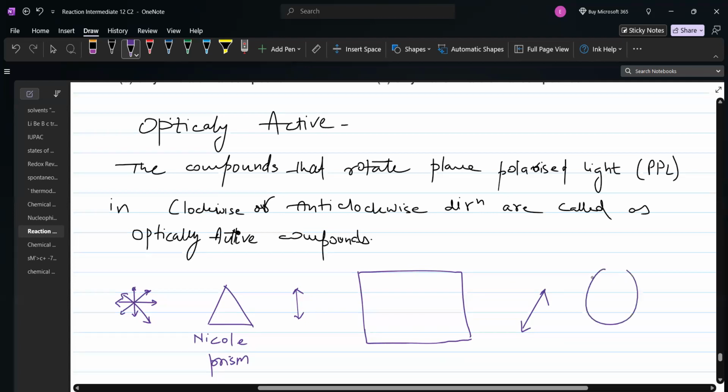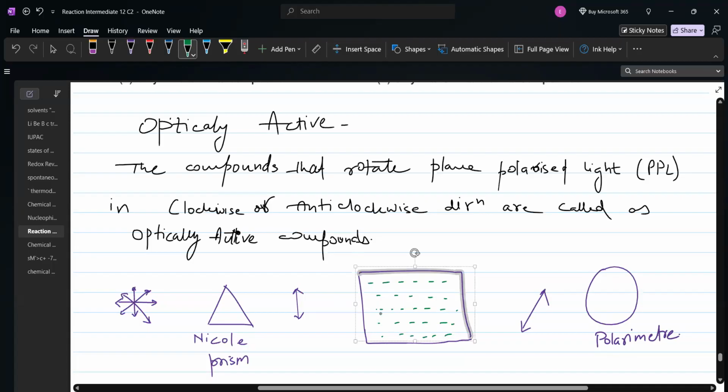And we check it by polarimeter, how much it has been changed. So we have the compound here. Any organic compound solution is present in this beaker, and the light is passed through this.